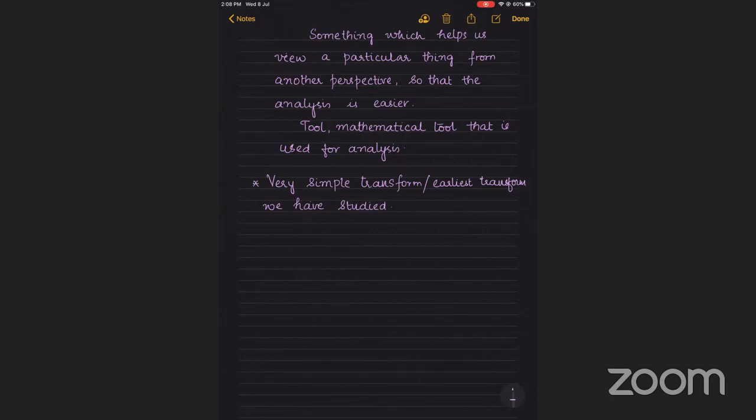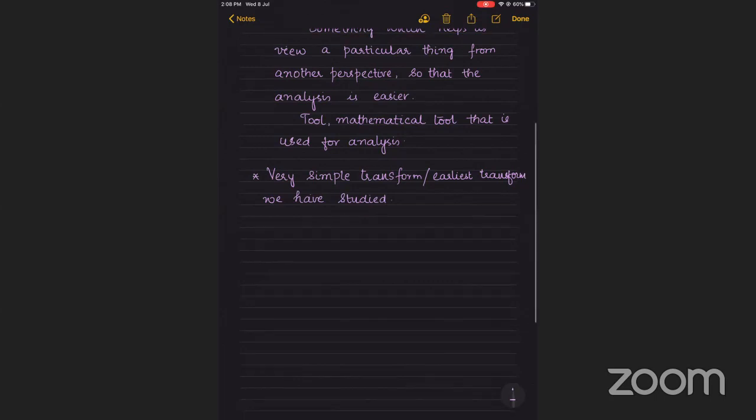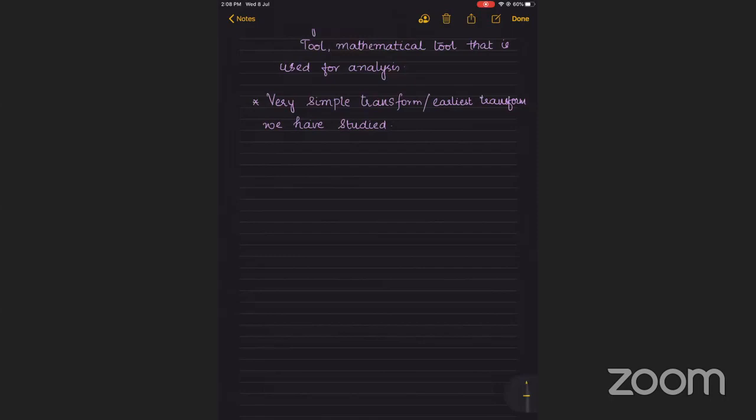For example, let's look at the following. Suppose we want to multiply two 7-digit numbers.